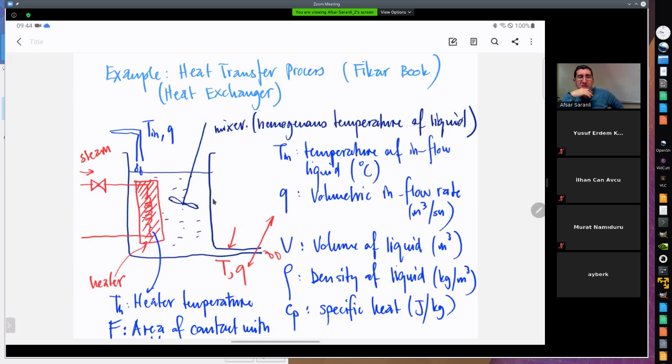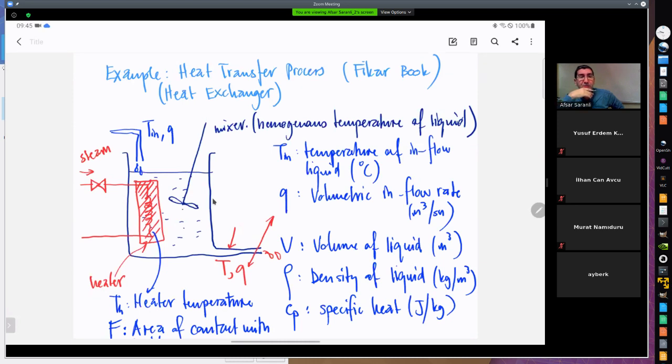So what's happening here is that there is an incoming liquid with a measurable but variable temperature T in, and there is a heater that we can activate, and inside this is a well mixed liquid.